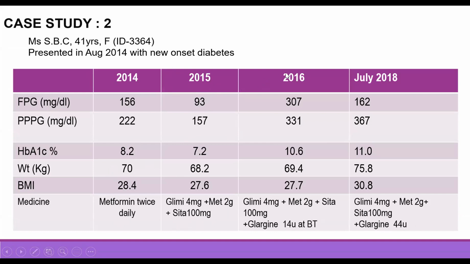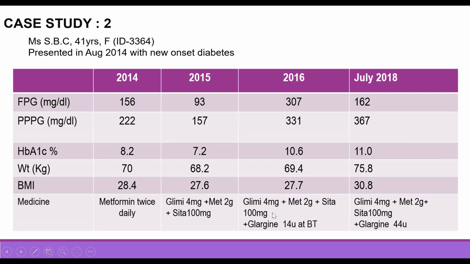Over a period of time, say over 1 year, she again lost the control, and blood sugar level goes very high in the 300 range with A1c 10.6 and progressive increase in the body weight from 68 to 69 when we started the insulin therapy.